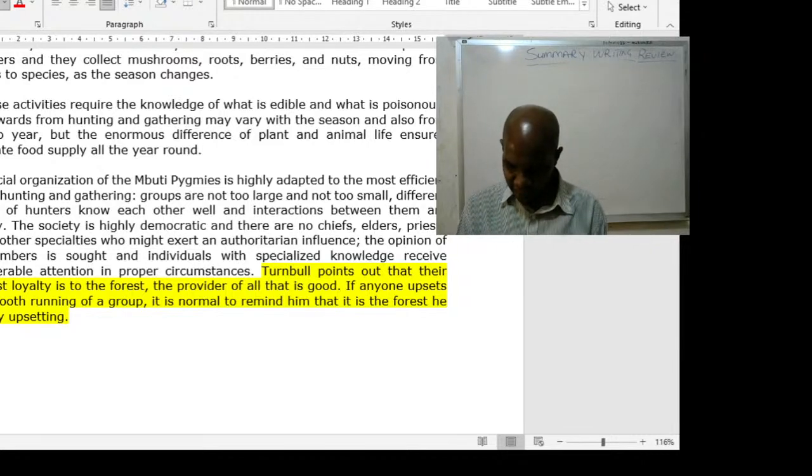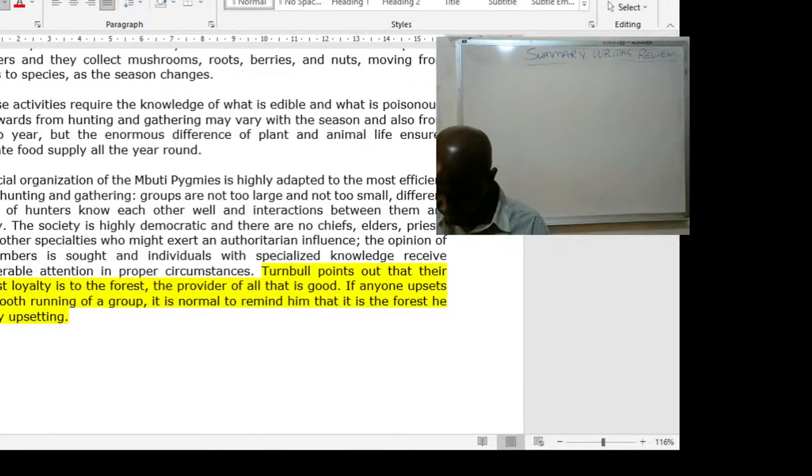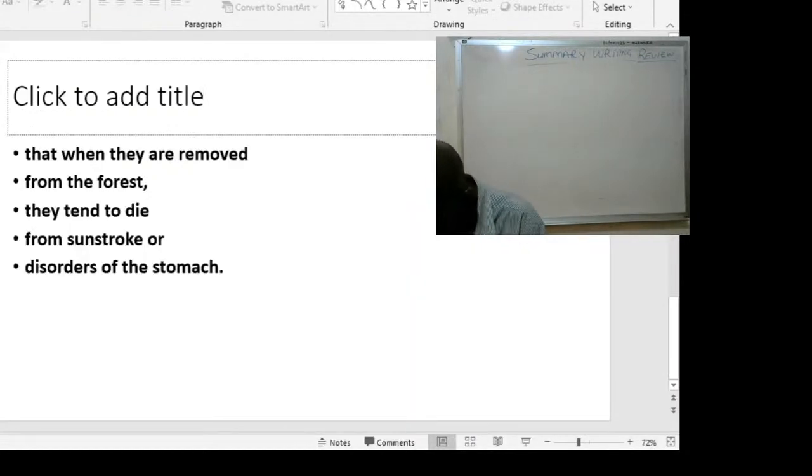These are the things we've been trying to pick from the forest. They value the forest because they regard themselves as its children. Let's go to the PowerPoint slide. Why Turnbull thinks the Mbuti pygmies value the forest.